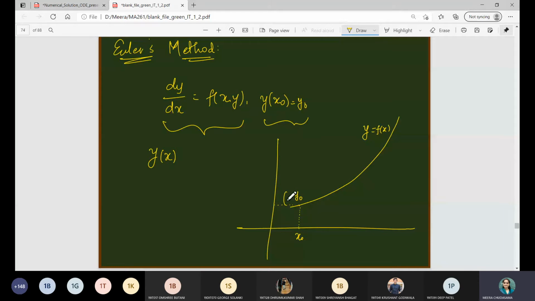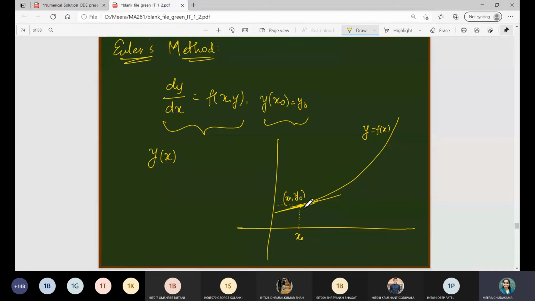So this point is nothing but x0 comma y0. To this curve, you draw the tangent line at this particular point.